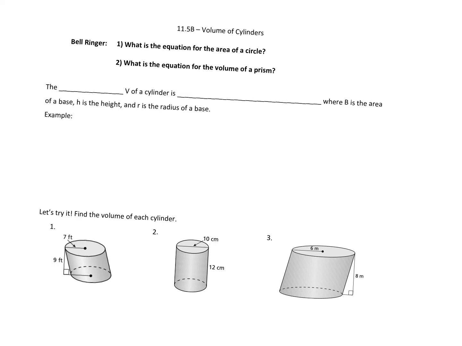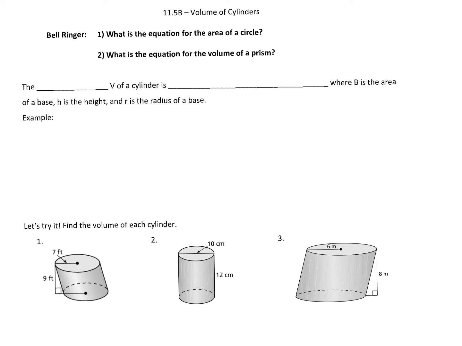In 11.5b, we are going to talk about the volume of a cylinder. The formula for that is V equals pi r squared h.